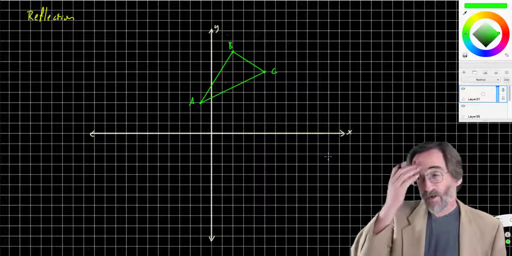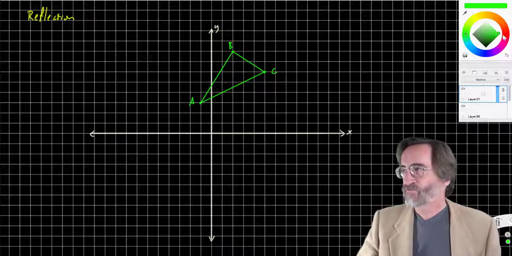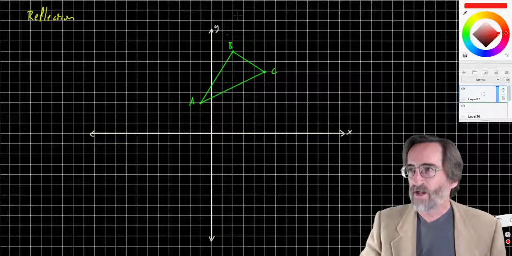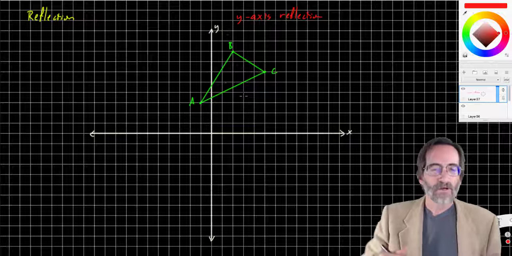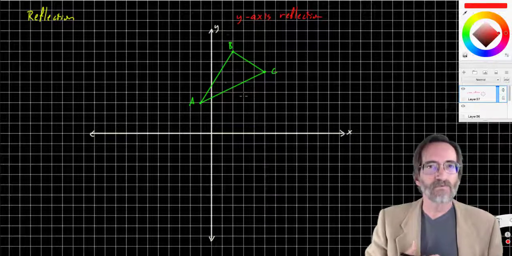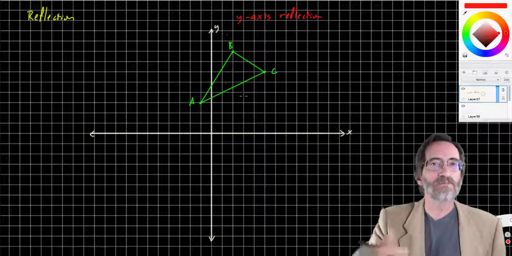Now I'm going to create a new layer here. We're going to draw on a new layer. What I'm going to do first is called a y-axis reflection. A reflection basically treats a line like a mirror. When I stand 2 feet in front of the mirror in the bathroom, my image looks like it's 2 feet behind the mirror.